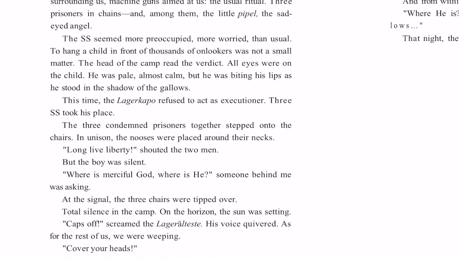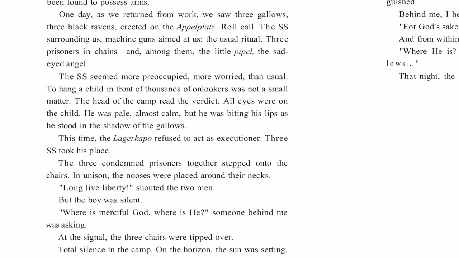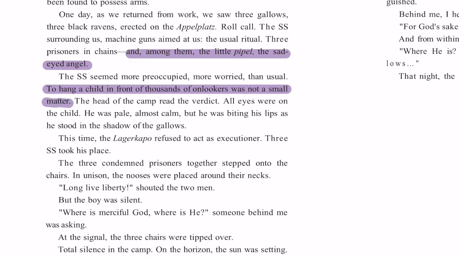I really like when he says, the SS surrounding us, machine guns aimed at us, the usual ritual. Among them, little Pipel, the sad-eyed angel. To hang a child in front of thousands of onlookers was not a small matter.